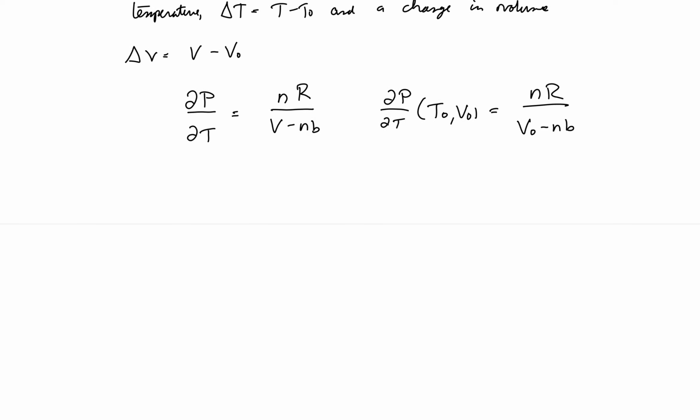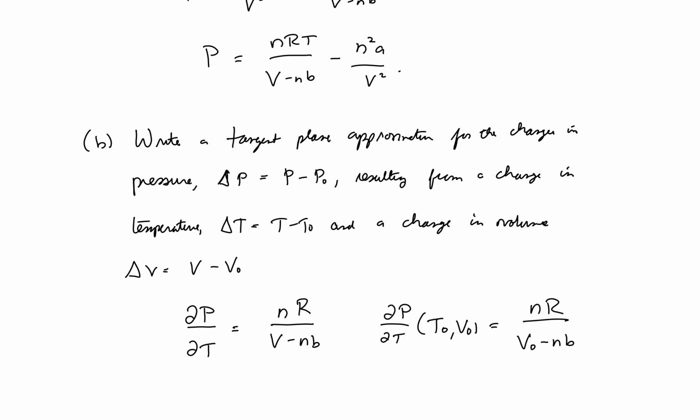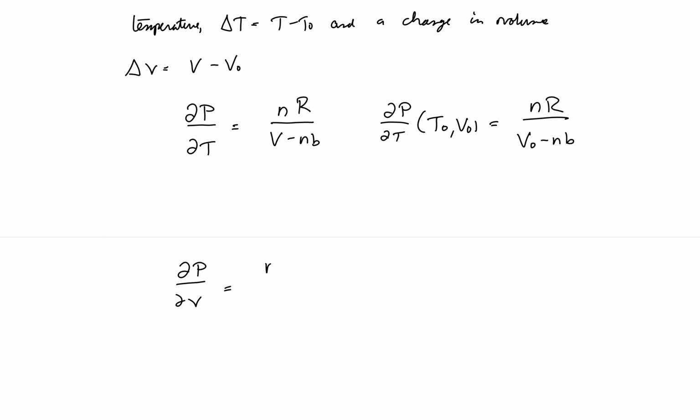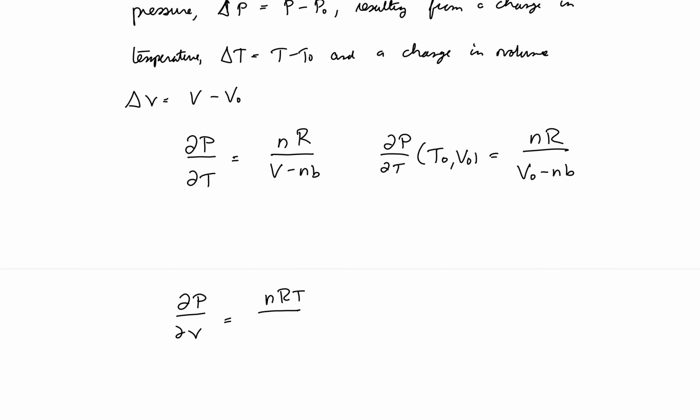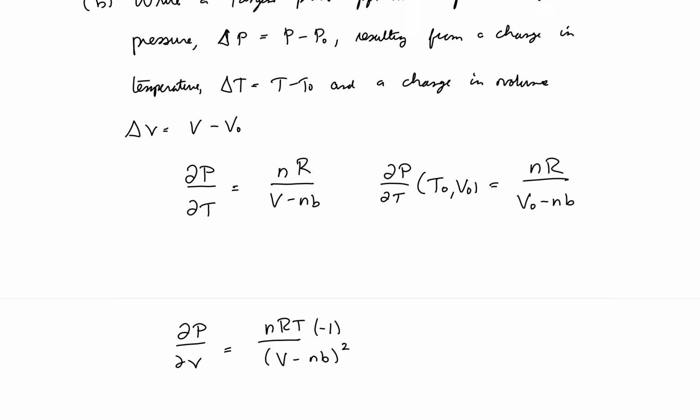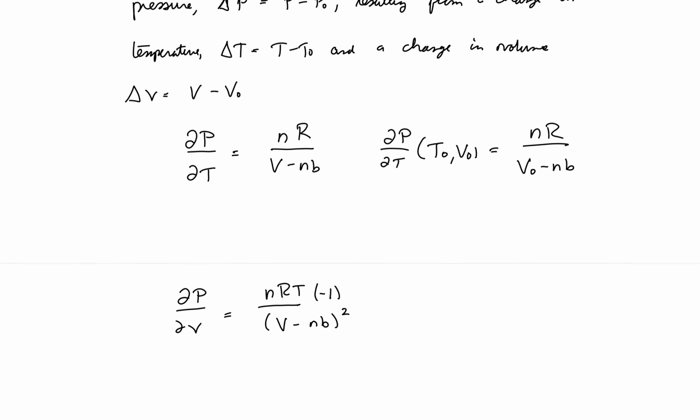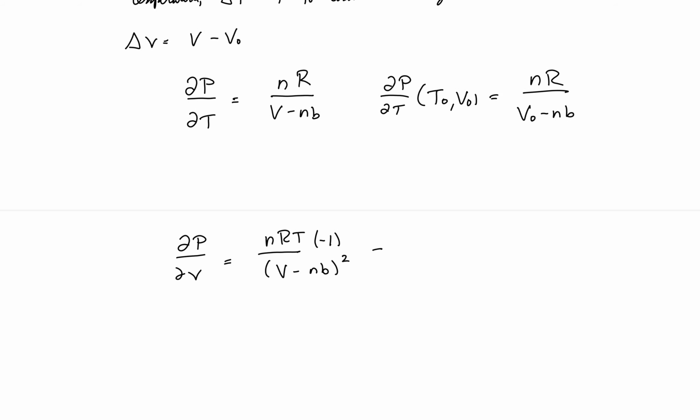And then we can do the same thing with respect to V. It's just a little bit more complicated now. So notice for the first term, we're going to have to use chain rule. So I'll have nRT, and then when I take that chain rule, I'll have a minus 1, and then I'll have V minus nb squared. And then for the second term, I have V to the minus 2, so I'm going to have minus, and I'll have minus 2, and then n squared a over V cubed.